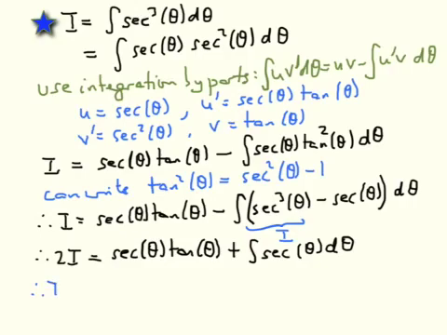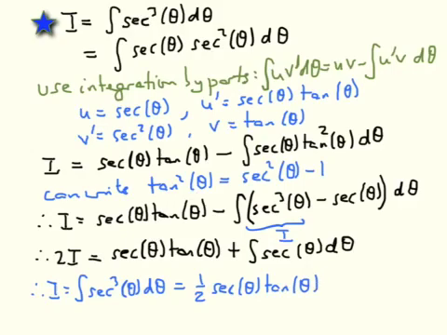So I, which is the integral of sec cubed theta with respect to theta, is 1/2 sec theta tan theta plus 1/2 the log of the modulus of sec theta plus tan theta, close the modulus, plus an integration constant which we don't know anything about at the moment.